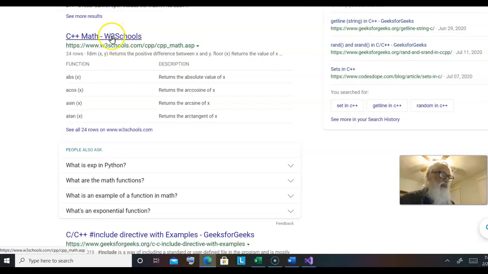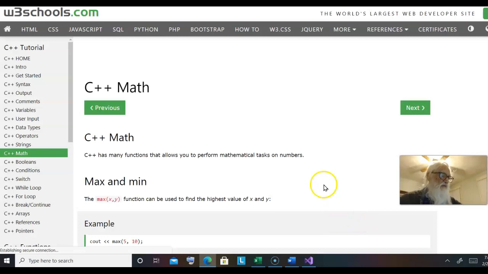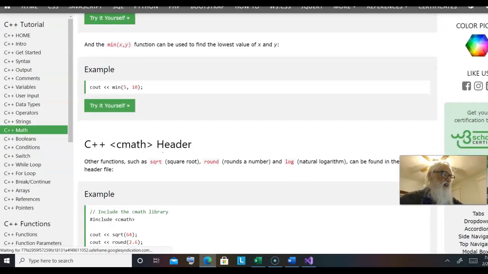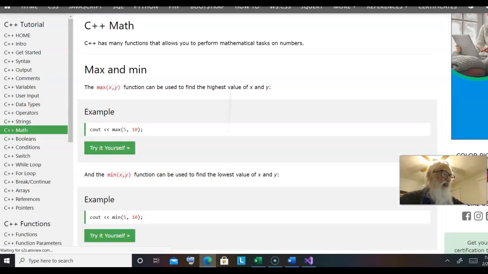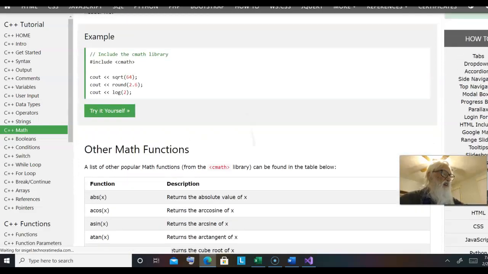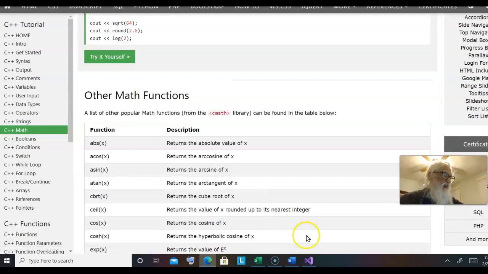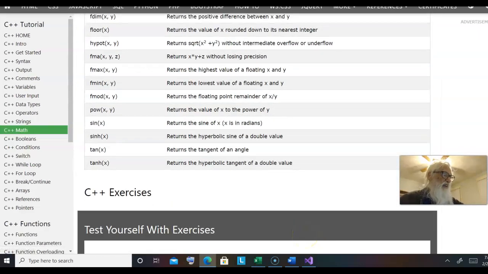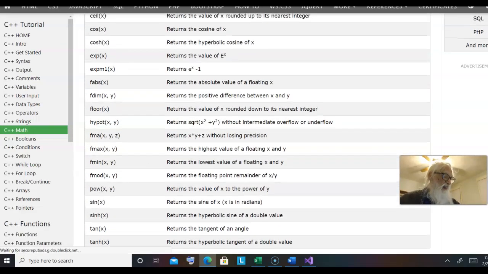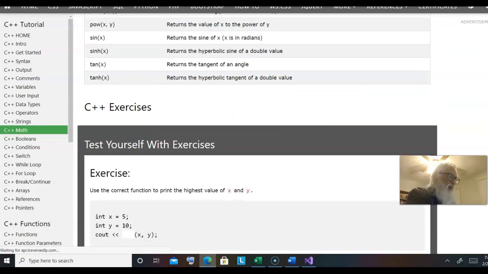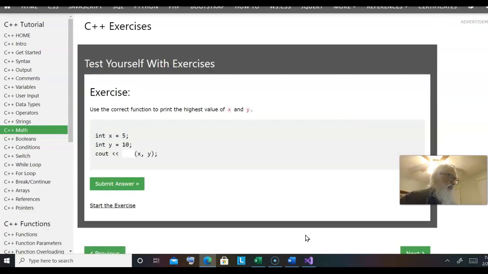Now, if you look here, C++ math only includes C math, and pi here, they don't list it. I thought they had it there. I'll try again. I'm pretty sure pi's in there.